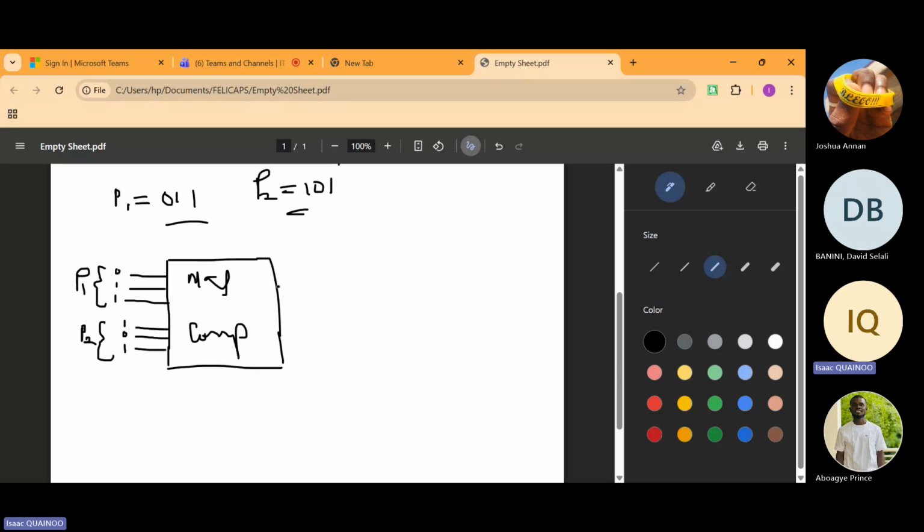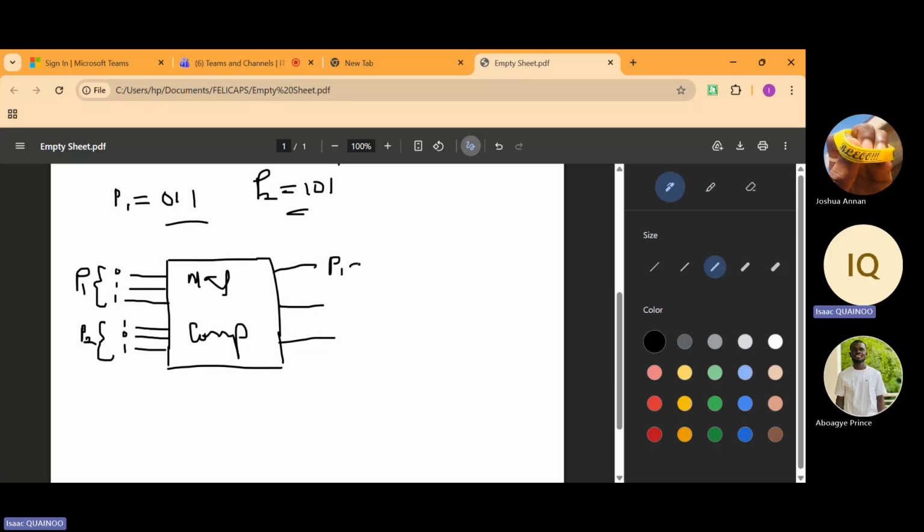All right, so the output, you said, are only going to be 3. So the first output is going to be P1. It is going to compare if P1 equals P2, or is P1 lesser than P2, or is P1 greater than P2?